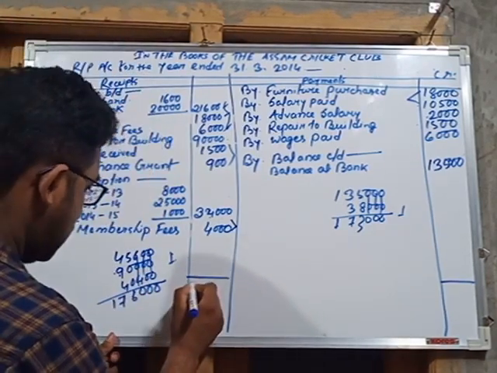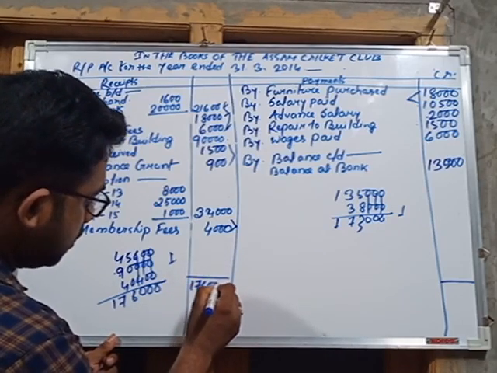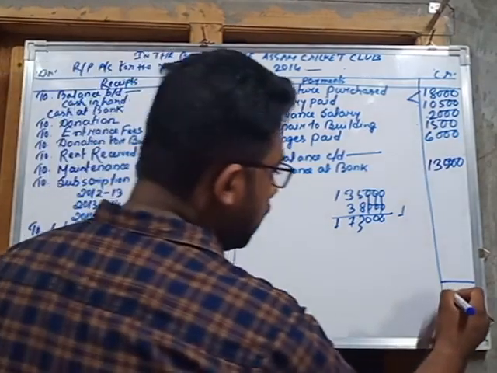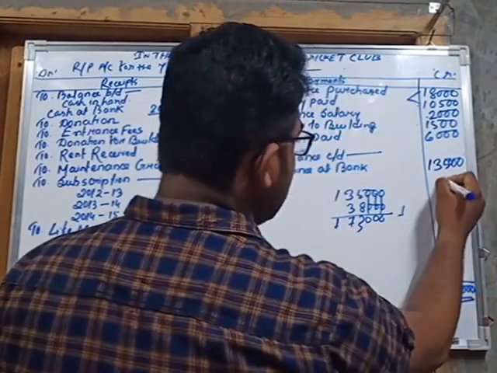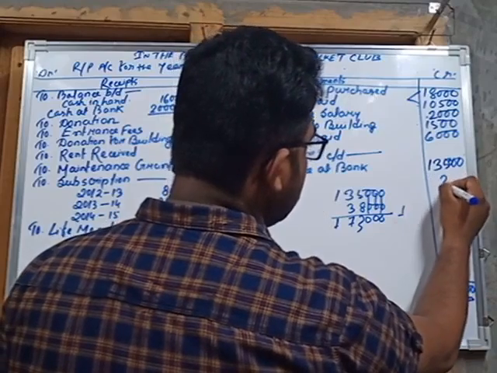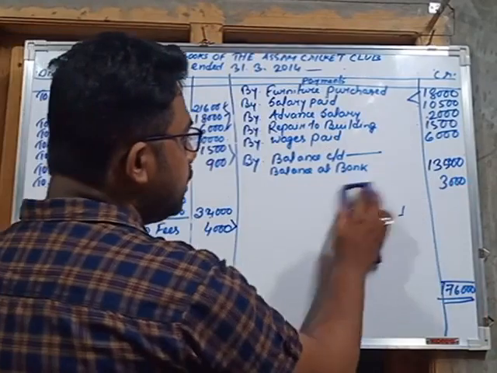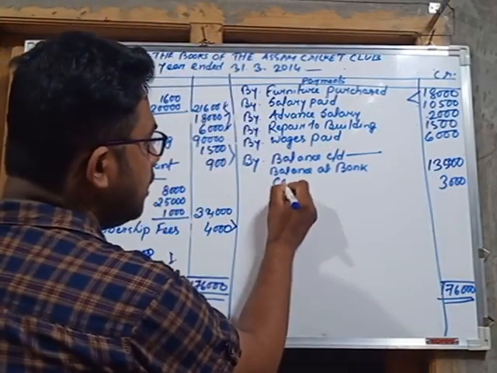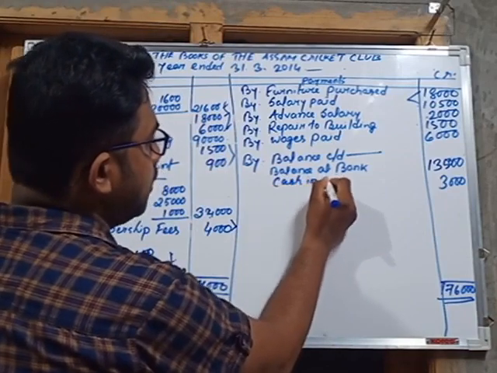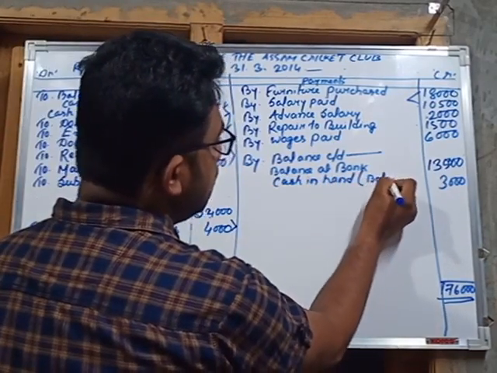The larger side was 1,76,000, and the difference is 3,000. This difference is called the closing balance of cash in hand, and we write it as the balancing figure.